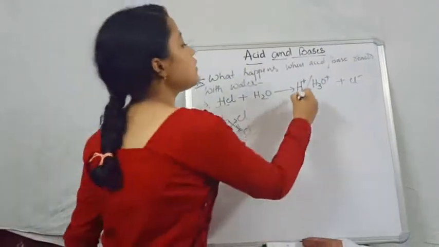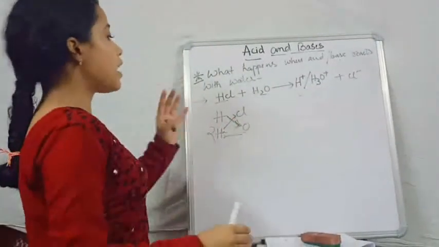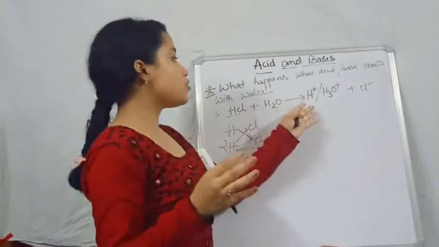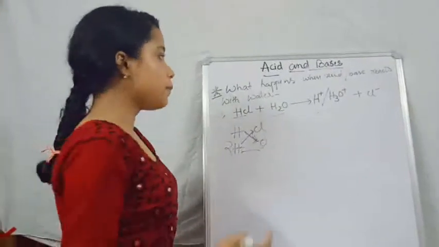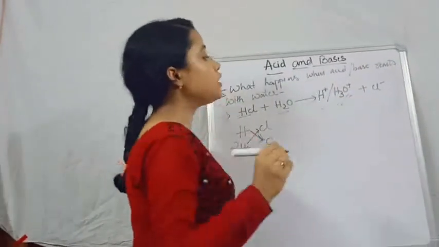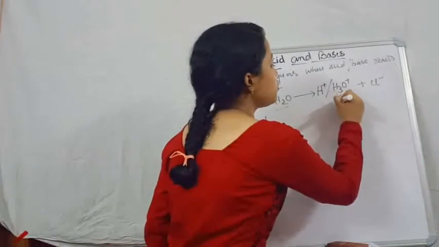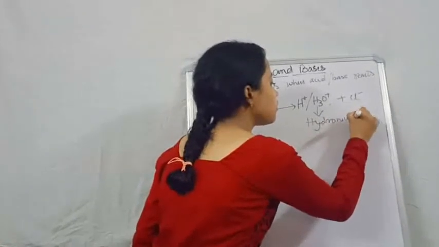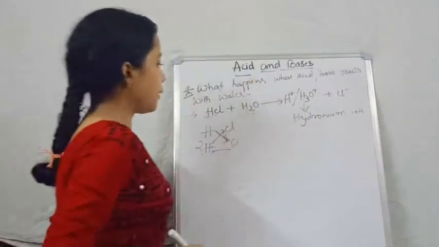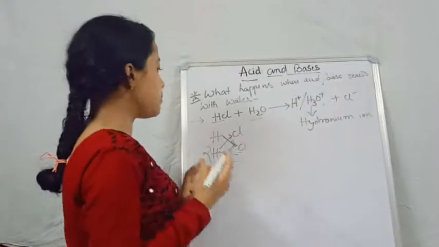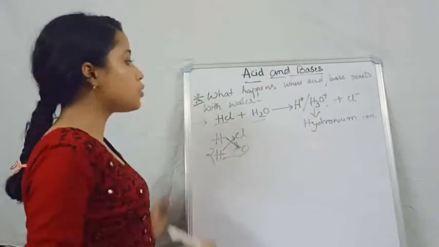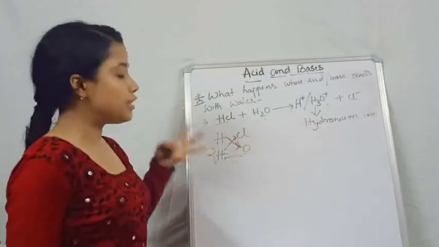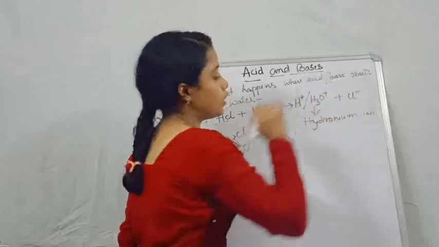This is the thing that you have to keep in your mind, that when HCl reacts with water, it releases the hydrogen ion into the water itself, or it can form hydronium ion. See here, H3O is known as hydronium ion. Okay. So what you have to remember is that whenever an acid reacts with water, it either releases hydrogen ion or it forms hydronium ion, liberating the chlorine.